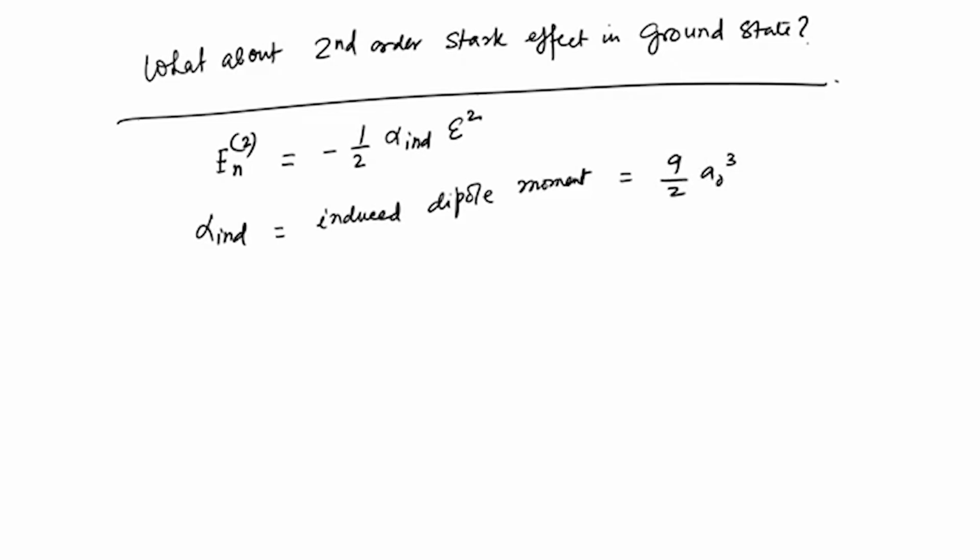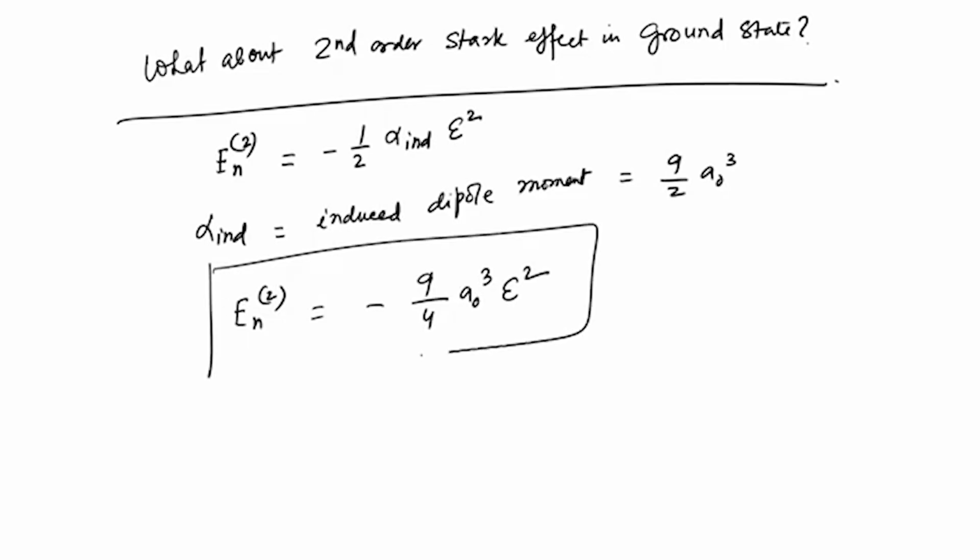Okay. So, though atomic hydrogen does not have a permanent dipole moment, the induced dipole moment of course exists in presence of an electric field. And as I said, I do not give a derivation of this, but it is not undoable. It is a long derivation, but it is good enough for you if you remember that En2, the second order correction on the ground state, is nothing but minus 9 over 4 A0 cube E square.